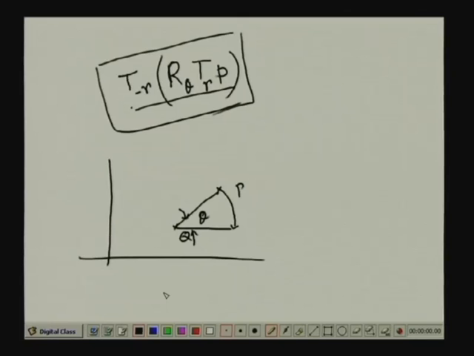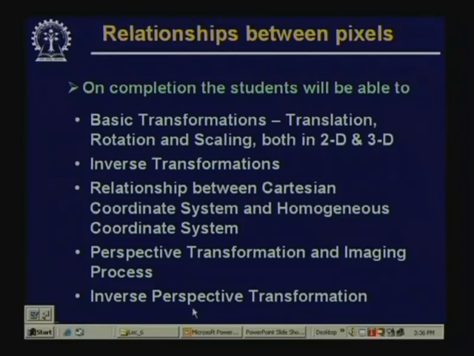So, these are the basic mathematical transformations that we can do in a two-dimensional space. Now, let us see what the corresponding transformations will be if I move from two-dimensional space to three-dimensional space.